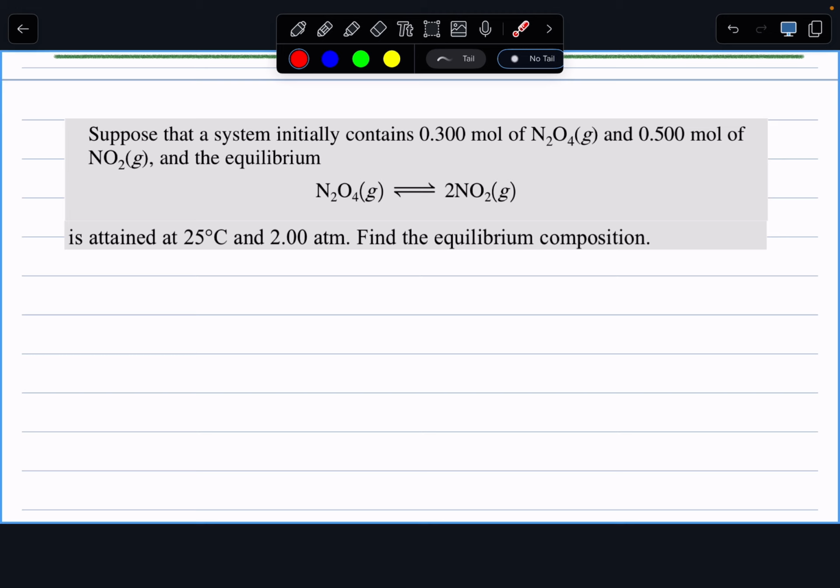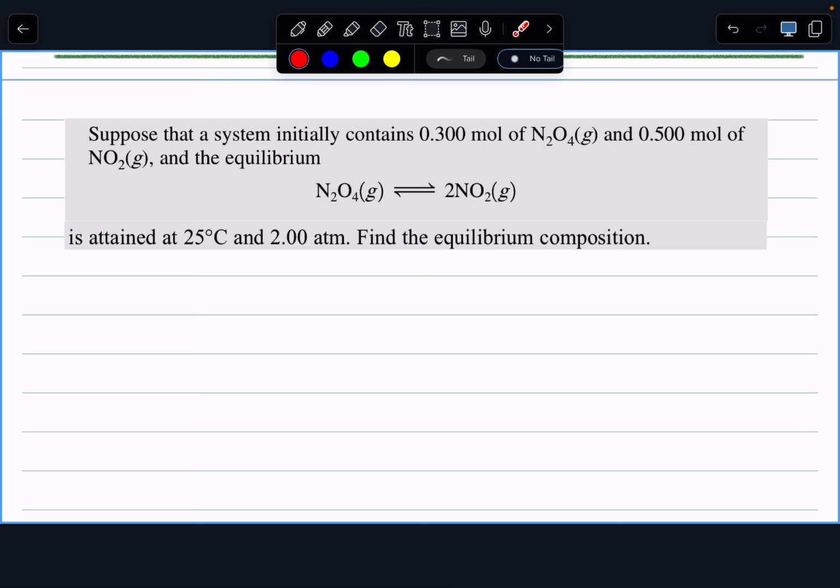So this 0 represents initial, plus the stoichiometric coefficient of N2O4 times the extent of the reaction. We know the initial number of moles of my N2O4 is 0.3 mole. The stoichiometric coefficient is -1, and we can express that as a function of my extent of reaction.